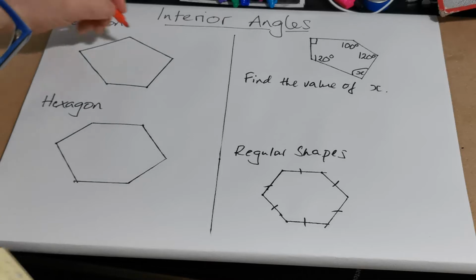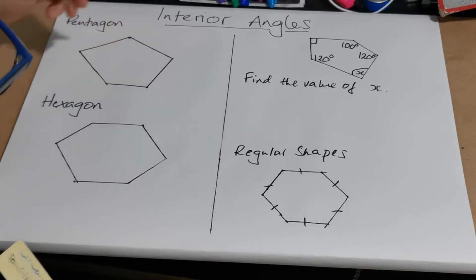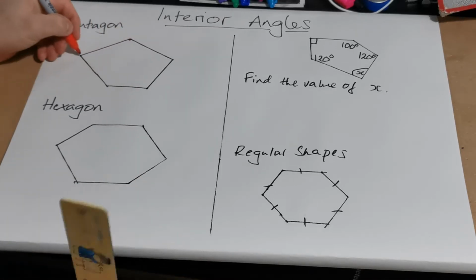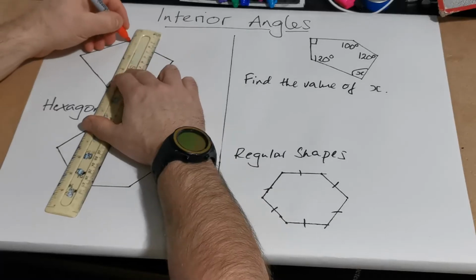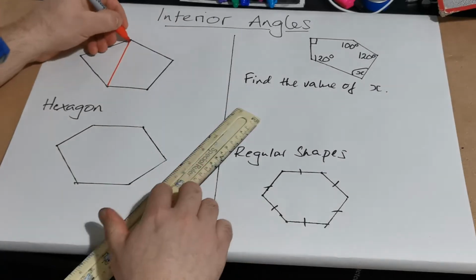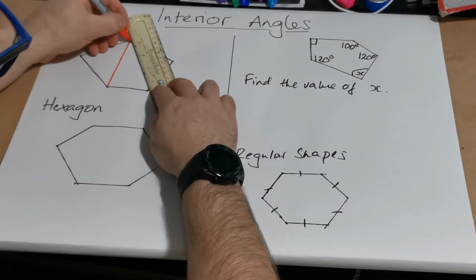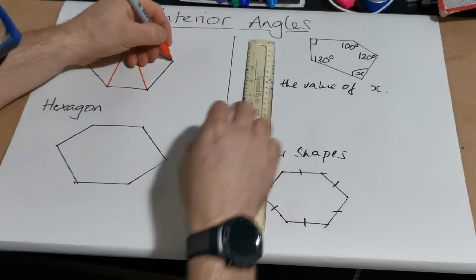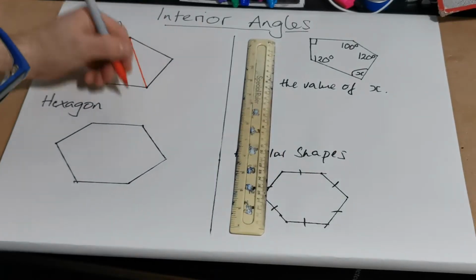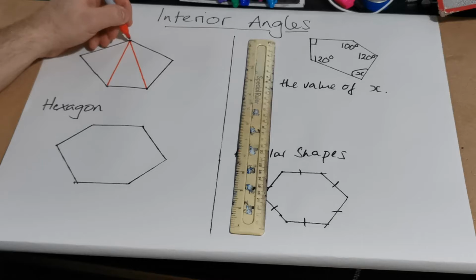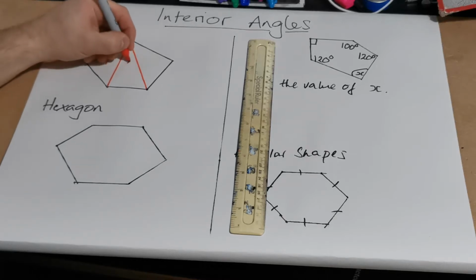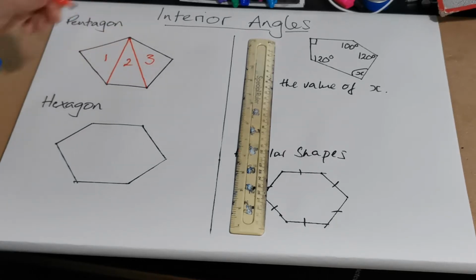And what I'm going to do is start off here. From there I can't join to there, I can join to here. And from there I can join to here, but I can't join to there across the shape. So that's the best I can do from joining from that place. Now that makes 1, 2, 3 triangles.